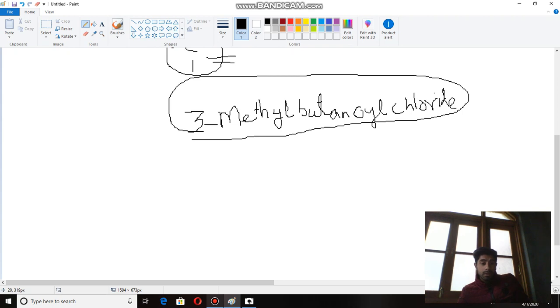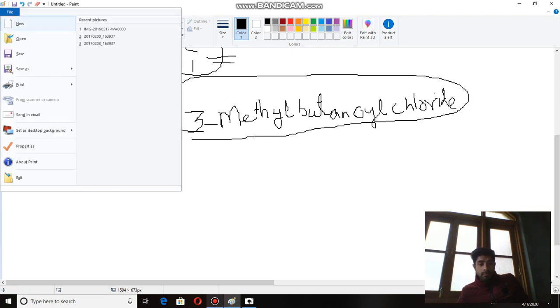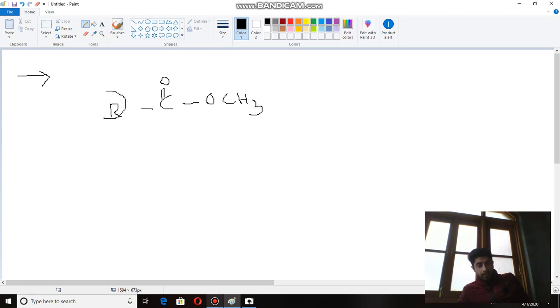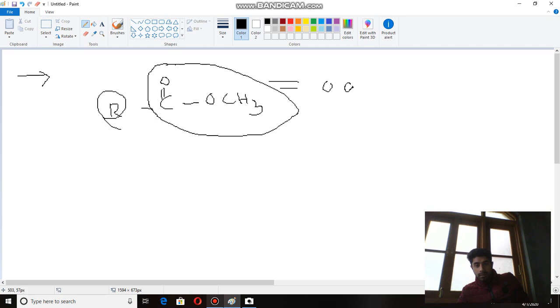I hope it's clear. Let's move to some new functional groups. We can have a principal functional group like this, C double bond O and O CH3. Here it can be any R. So this group, the suffix for this is oate.